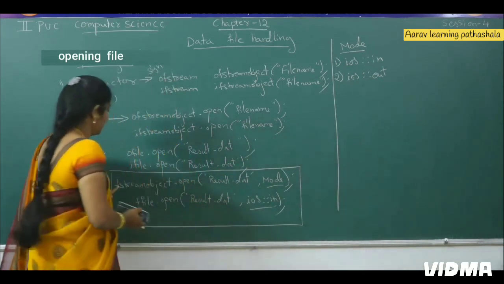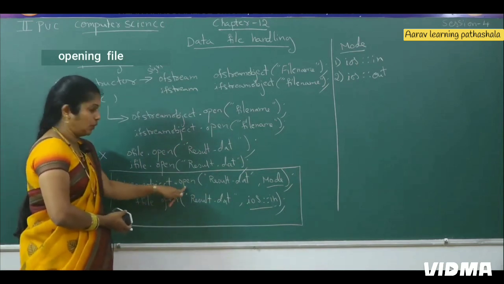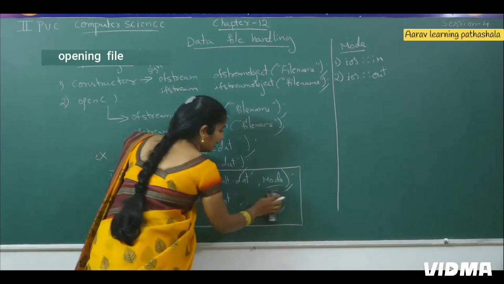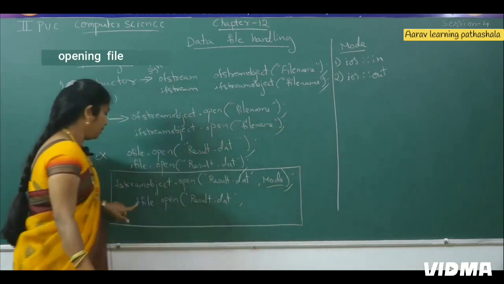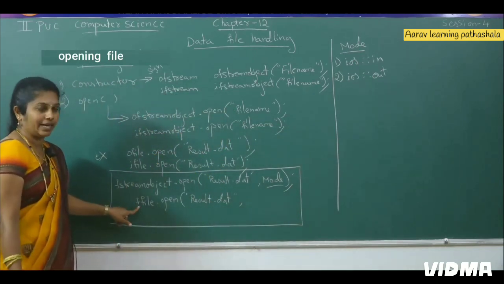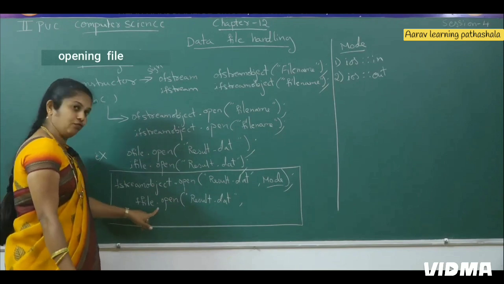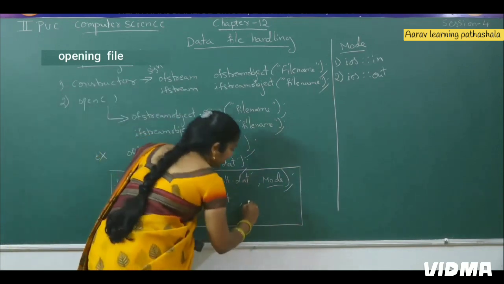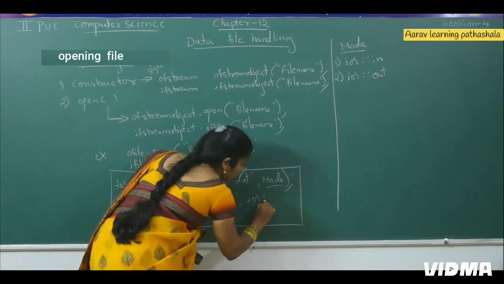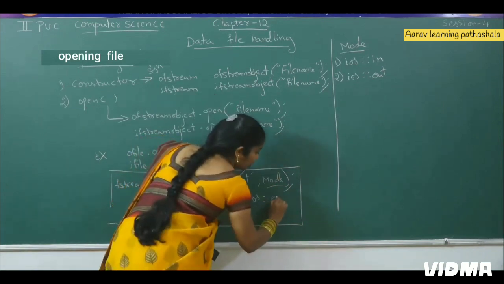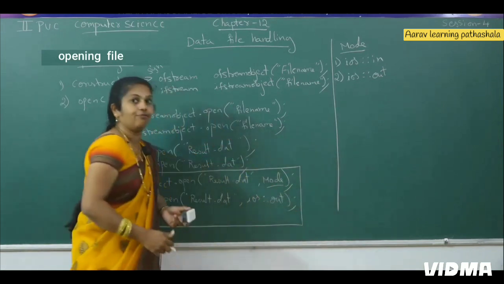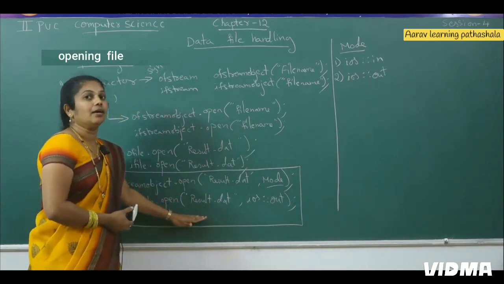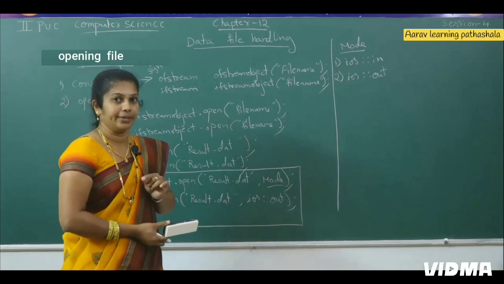In that case the syntax is fstream object dot open, result dot dat, comma, mode. For example, the fstream object ffile dot open, inside the quotes result dot dat, then ios out. We are opening the file for output purpose, that is, we are using this file for writing purpose.